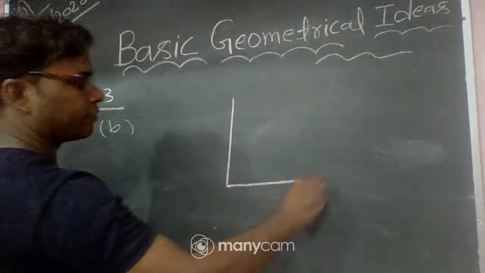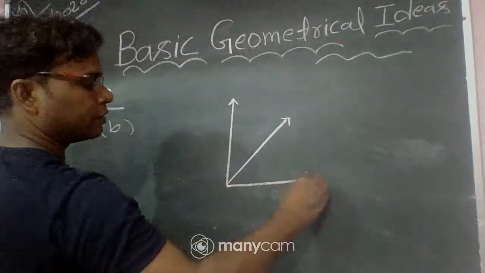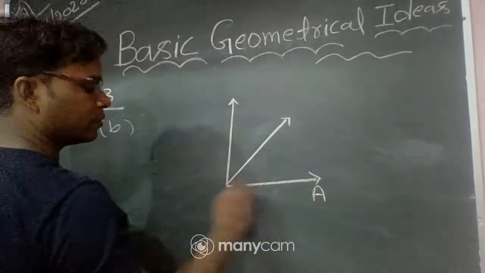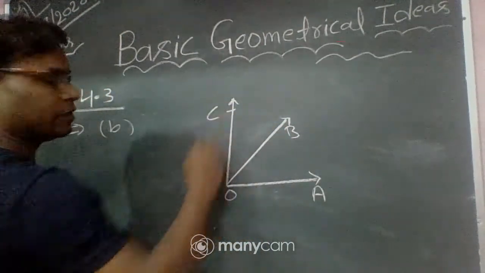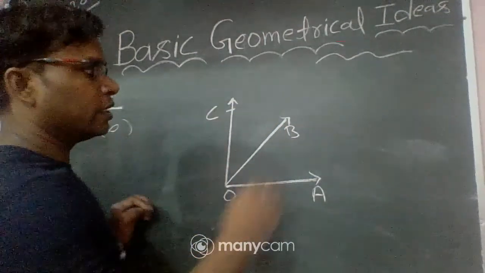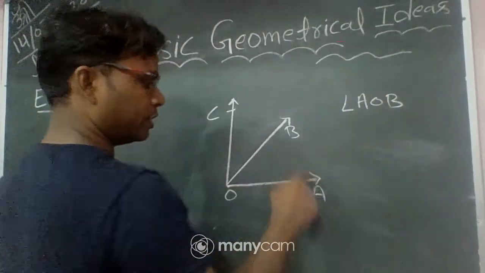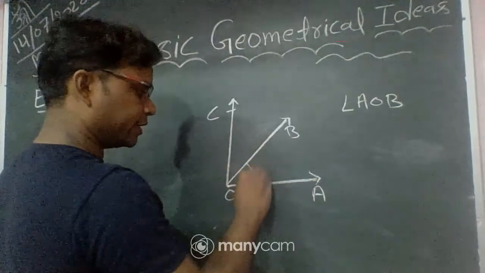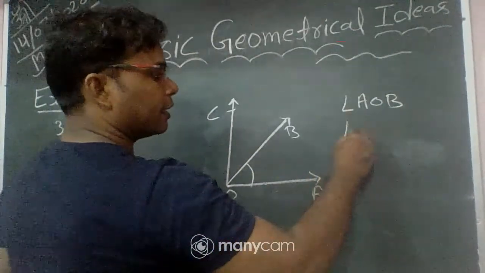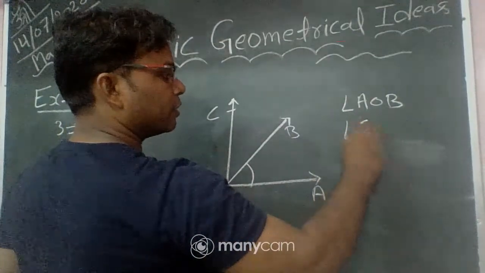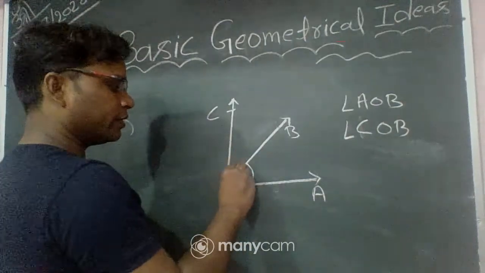Like this. A, O, B, and this is C. We draw two angles. Angle AOB, this angle. And next we draw angle COB, this angle.